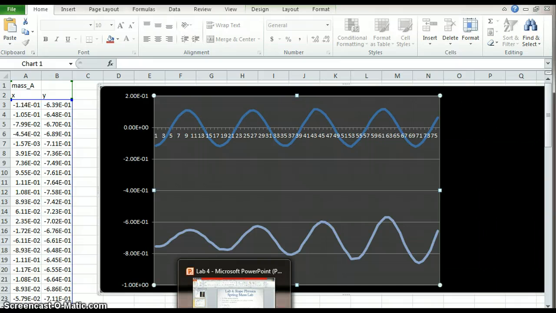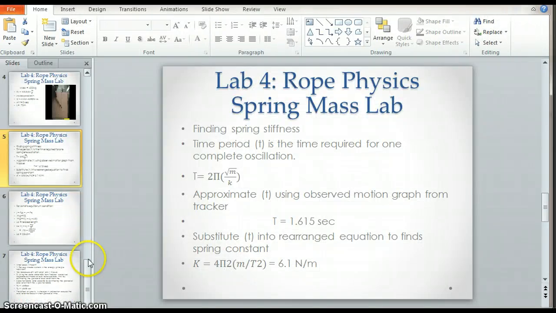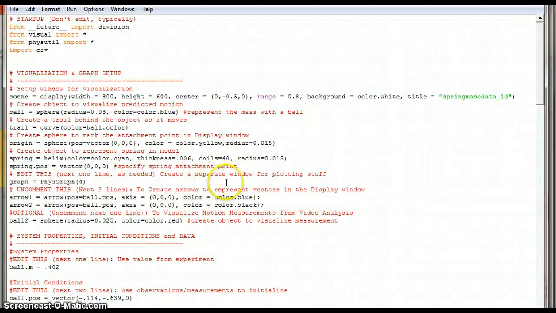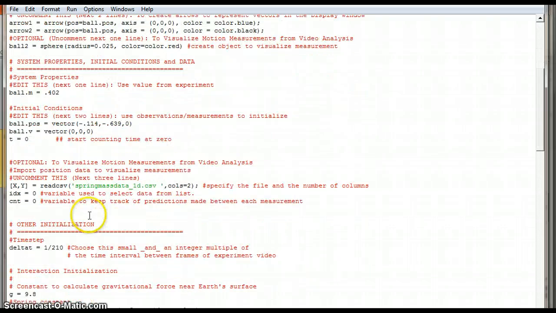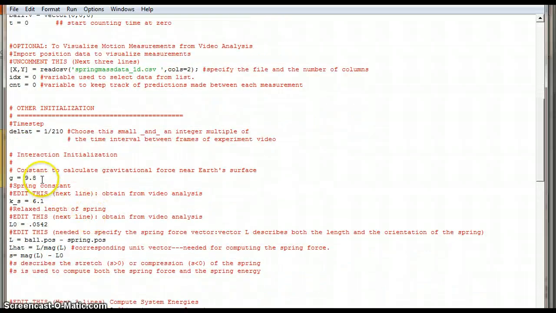Using these values, we construct a computational model using VPython by inputting the ball of mass 0.042 kg, the initial position, initial velocity, and g equal to 9.8 Newton per kilogram. This is the stiffness constant 6.1 Newton per meter.